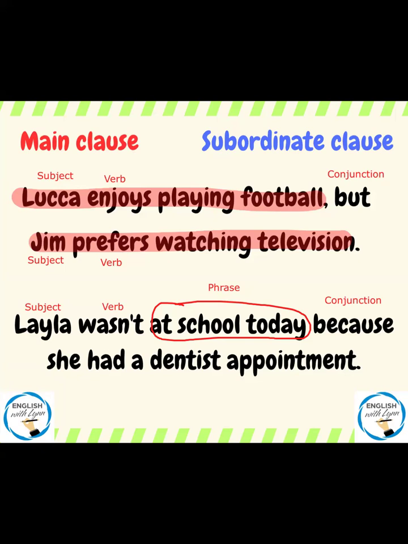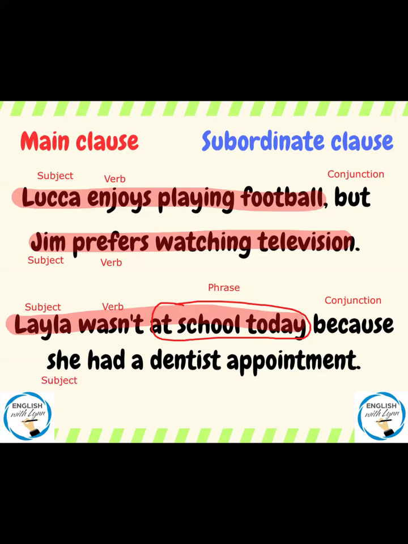So this part at the beginning of the sentence, Layla wasn't at school today, is my main clause. Then, because it's the start of my subordinate clause, because she had a dentist appointment, she is the subject. We are renaming Layla with a pronoun, so we're not using her name twice.